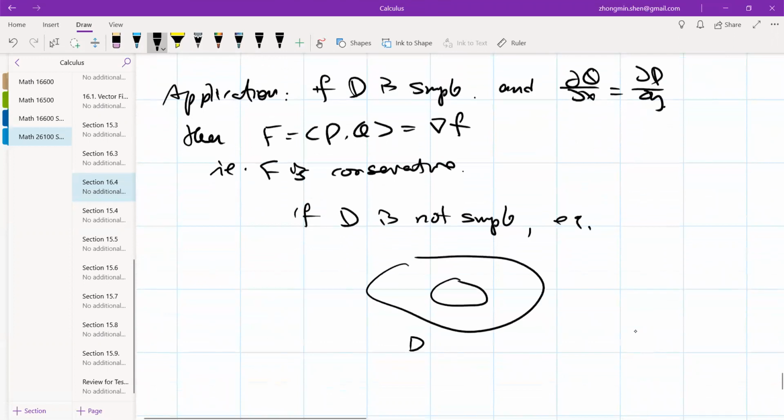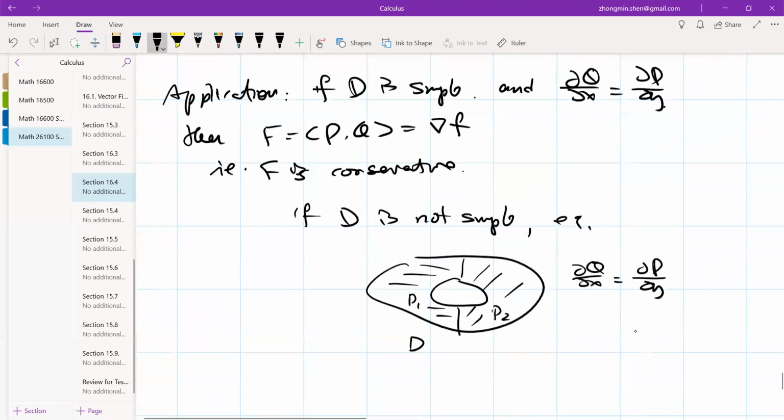This is a D. It's not simple, so I'm going to cut it into two pieces, D1 and D2. I assume that you have this hold. So this side is simple, and the other side is simple too.